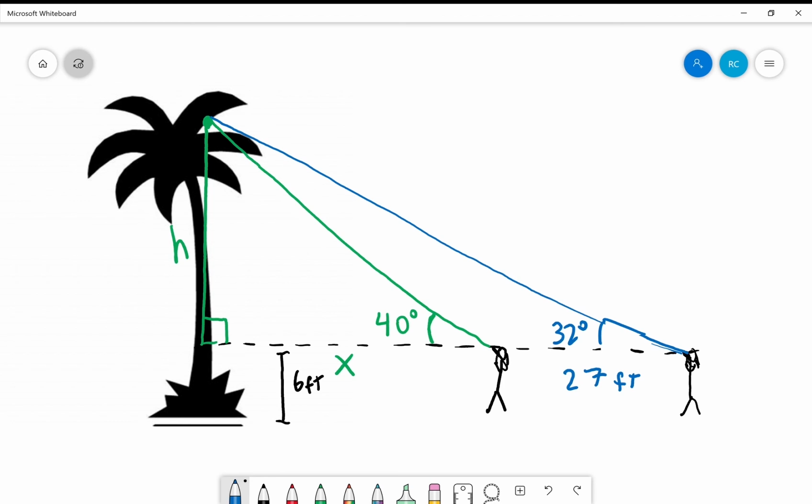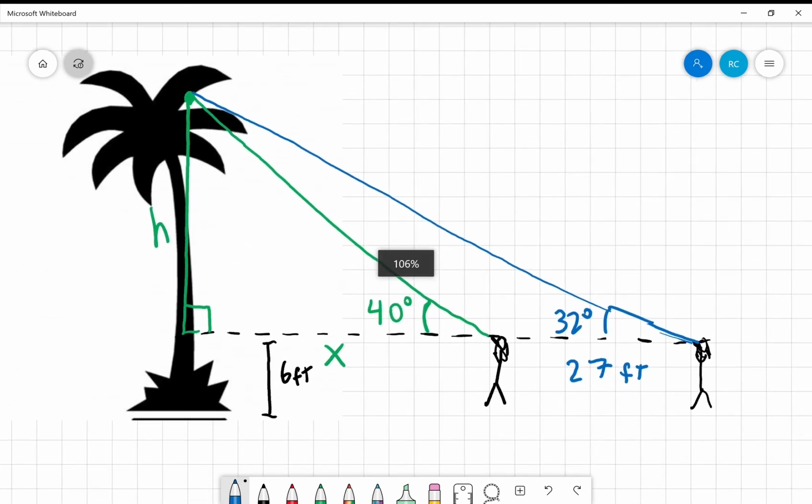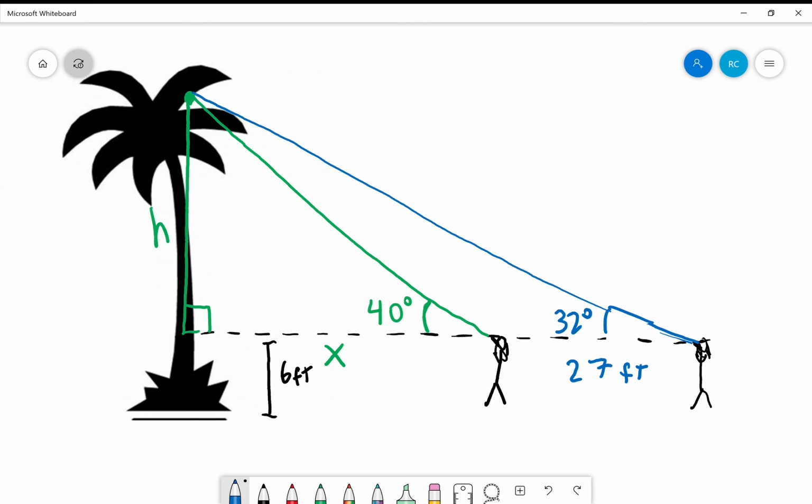This one I'm not even going to give you the answer to. This is a pretty advanced problem, so I want you to give it a shot. All right, you can use tangent here. I can tell you that much.